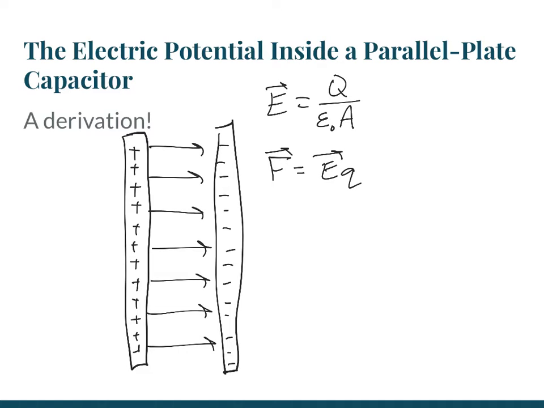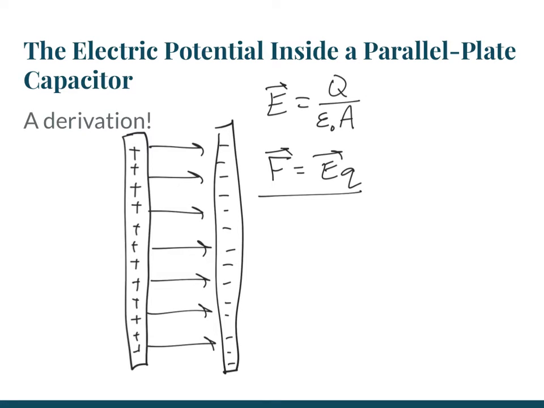So if we want to calculate the potential somewhere inside this capacitor, we'll have to know the potential energy of a charge at that point, and then divide by the charge. And to get potential energy, we have to know how much work would be done on the charge to put it at that point. So we're going to need this force to calculate that.